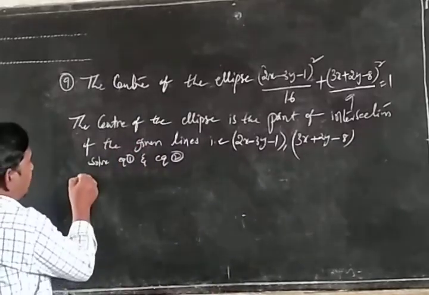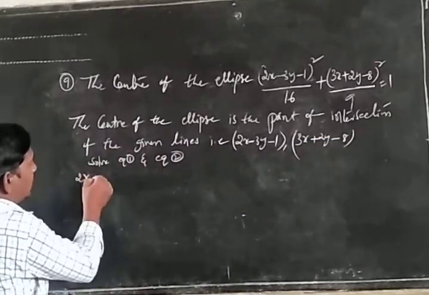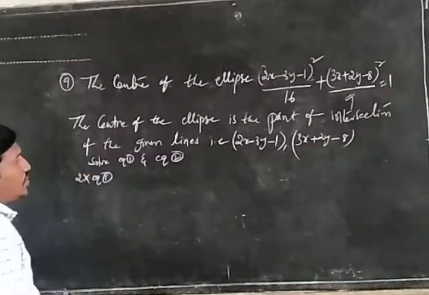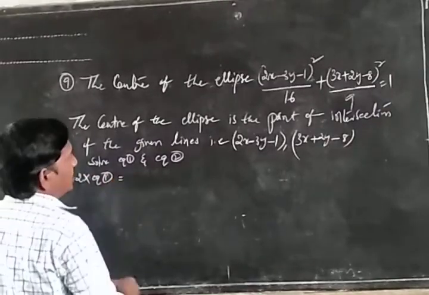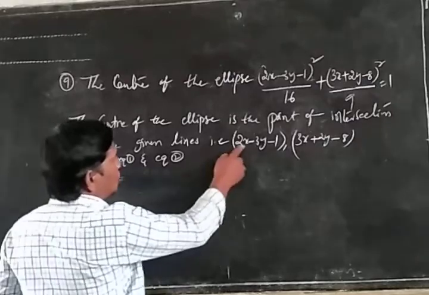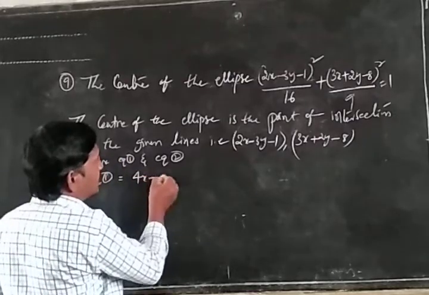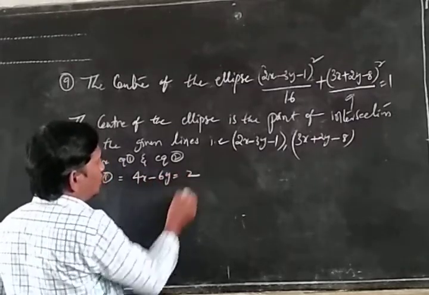For solving, 2 into equation 1, so it is modified as 2 2s are 4, 4x minus 6y equal to 2.